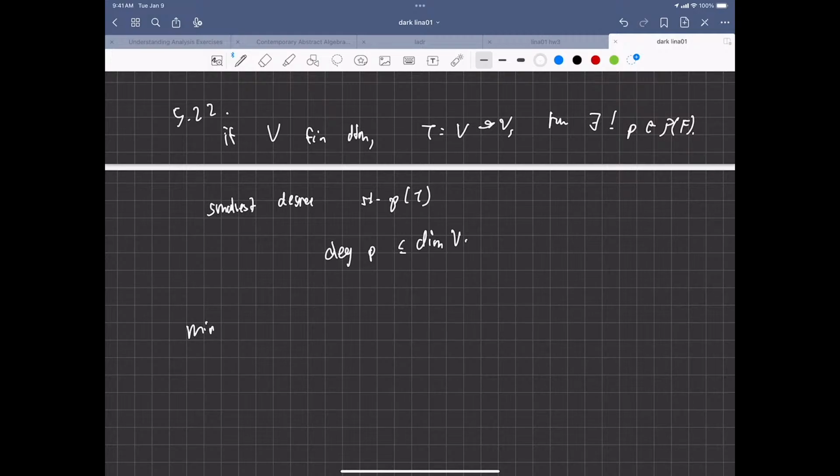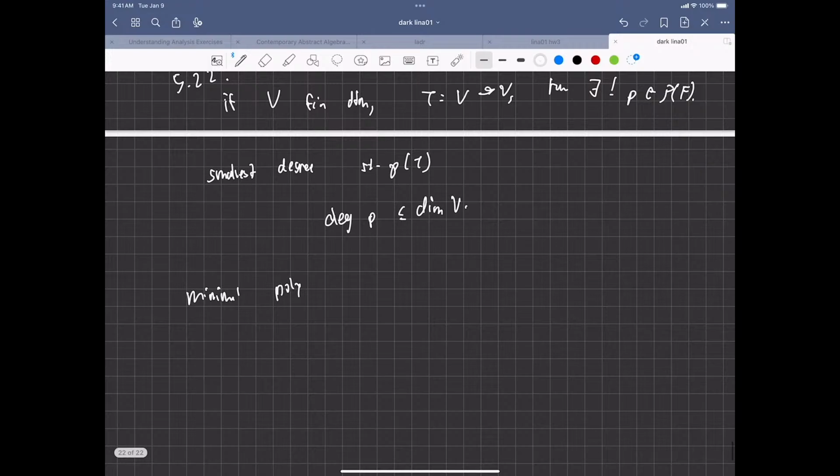And so this is interesting. Minimal polynomials, right? The minimal polynomial of T is the unique monic polynomial of smallest degree such that p of T is 0, right?